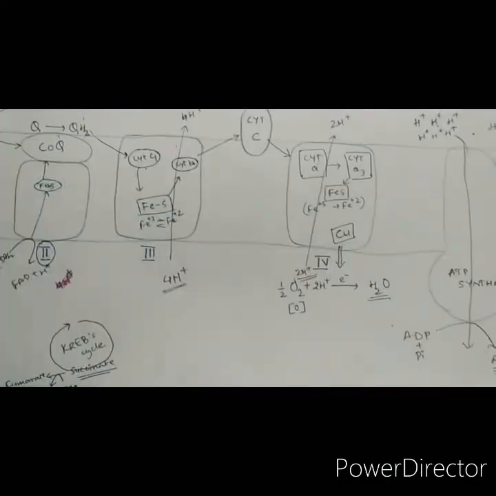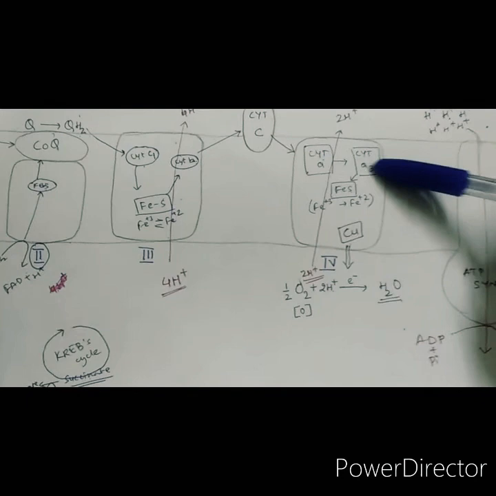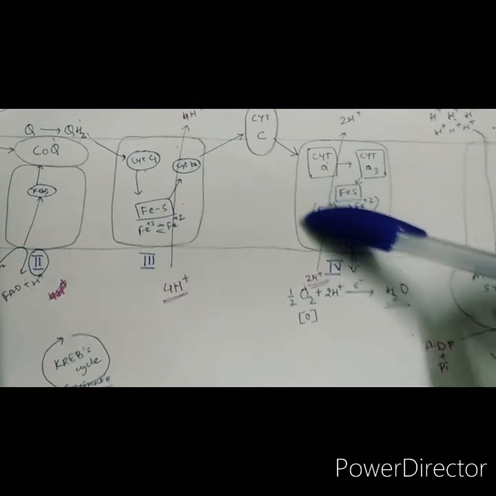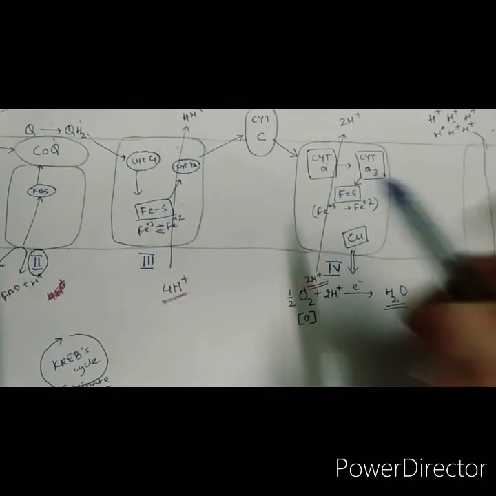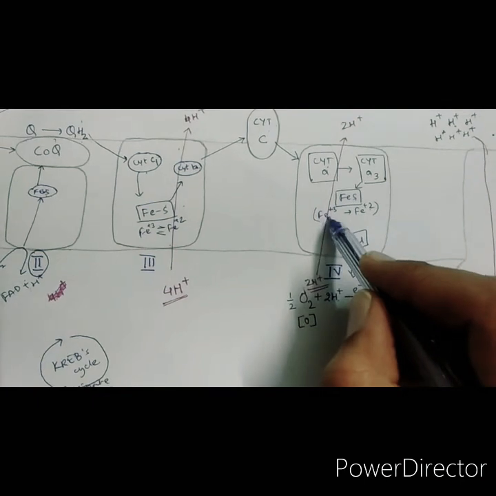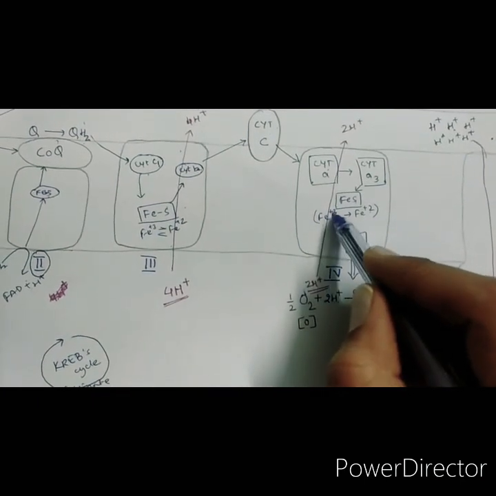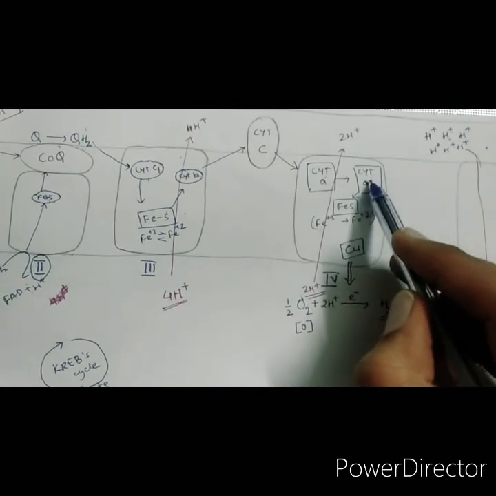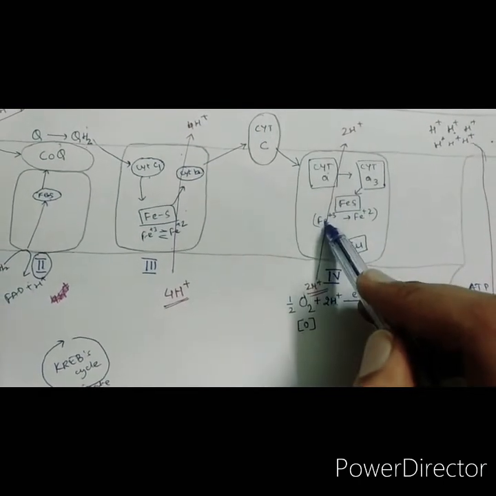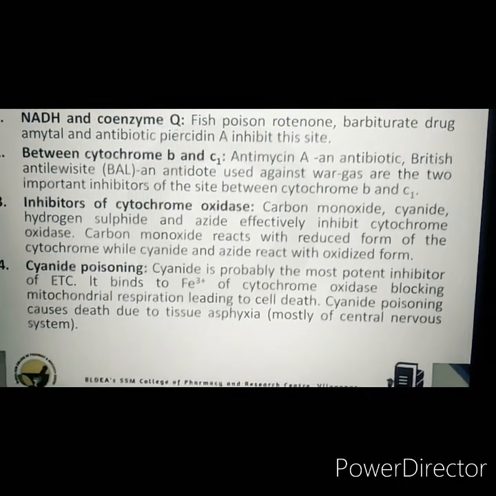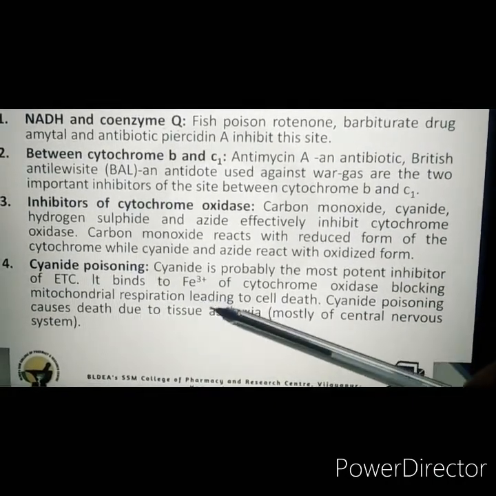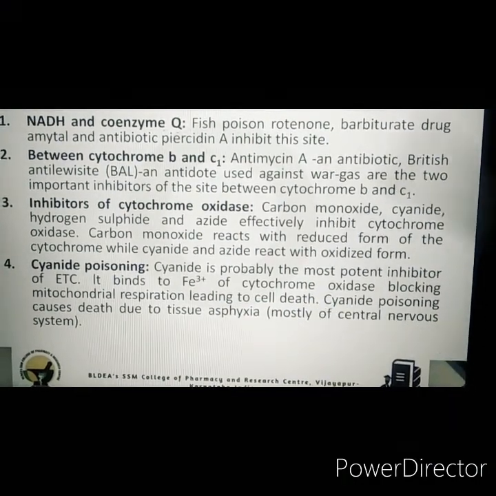We had learned, no? You can see here, this is cytochrome A3 that finally donates the electrons to the oxidized state. Now cyanide attacks it and forms a complex with Fe+3. So there is no chance that electrons are transferred from cytochrome A3 to Fe+3. This results in blocking of mitochondrial respiration, leading to cell death.